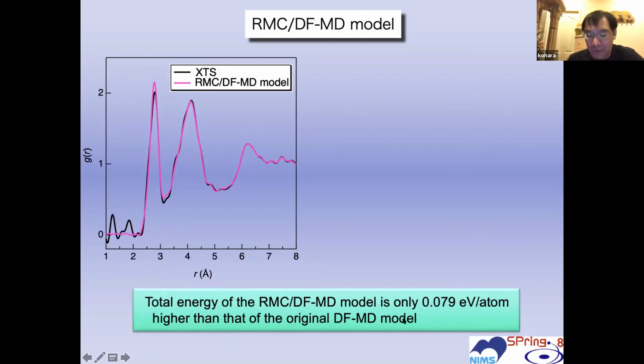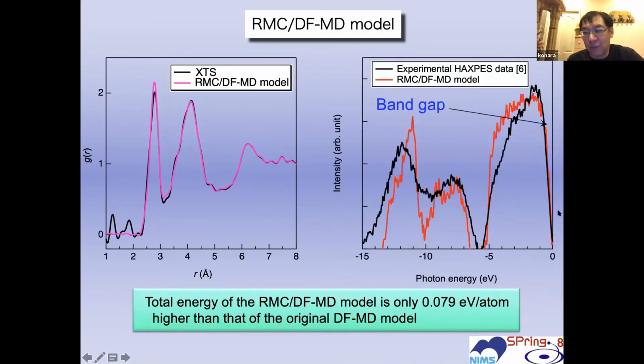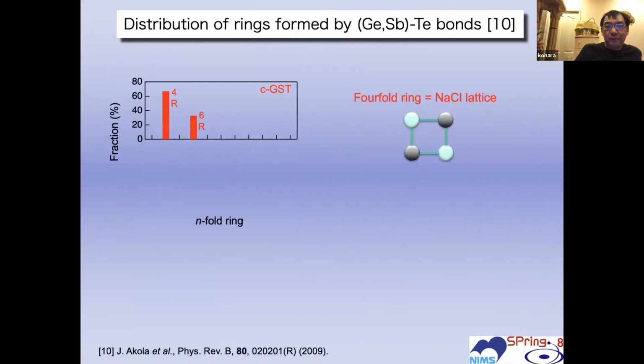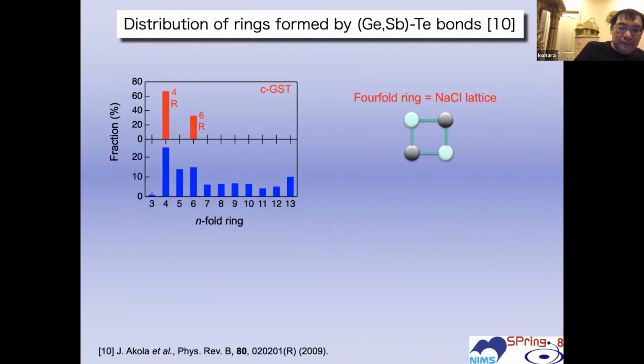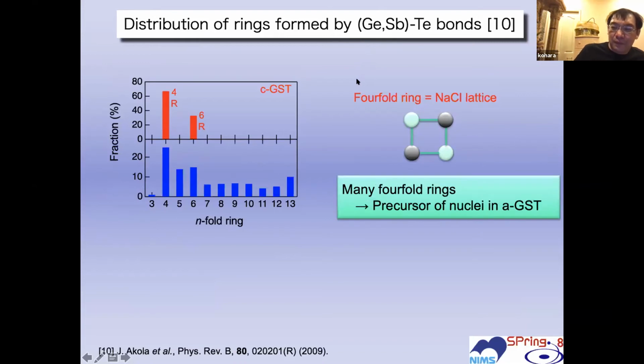A very small difference in energy. And also, we can observe a band gap here. So this is the most reliable model. And again, we calculated ring statistics, and we found a large fraction of four-fold rings in our most reliable model. So the four-fold ring is a very important feature in the amorphous phase.